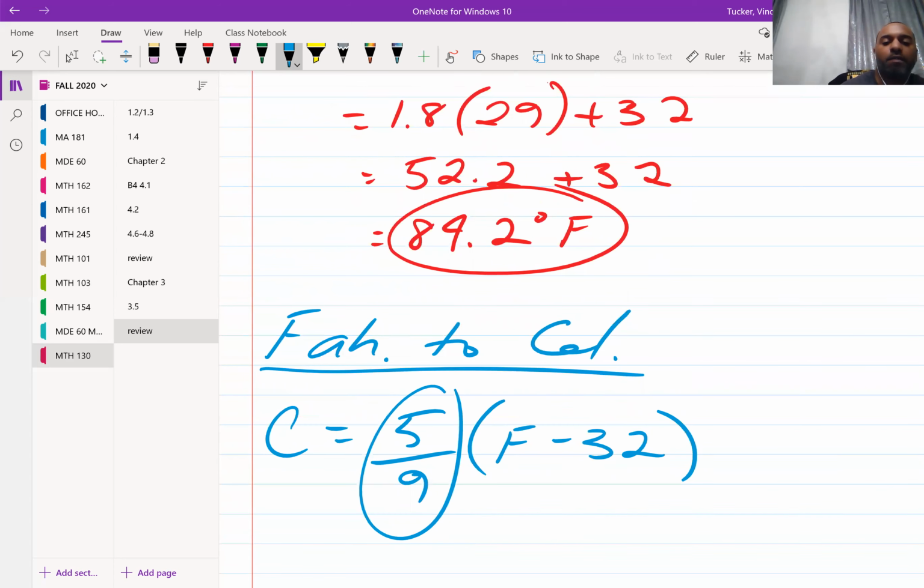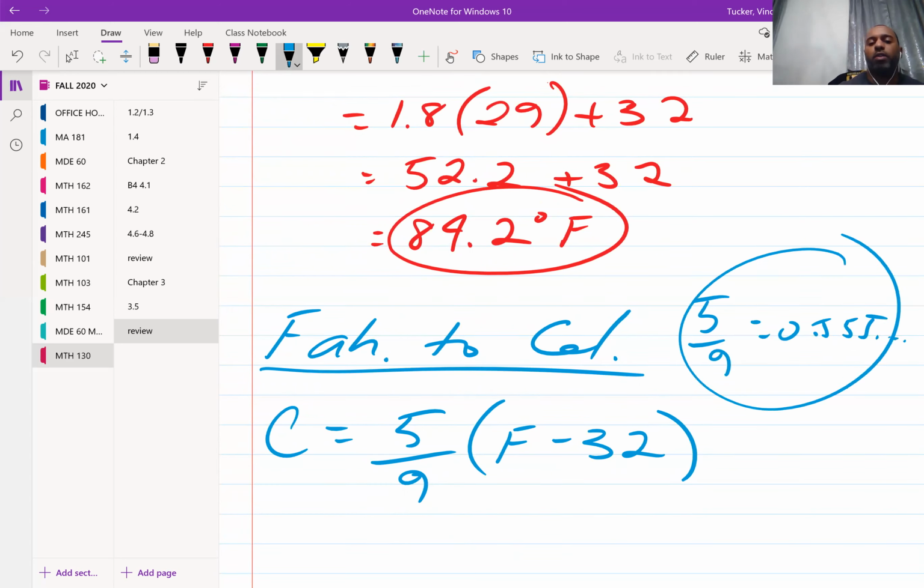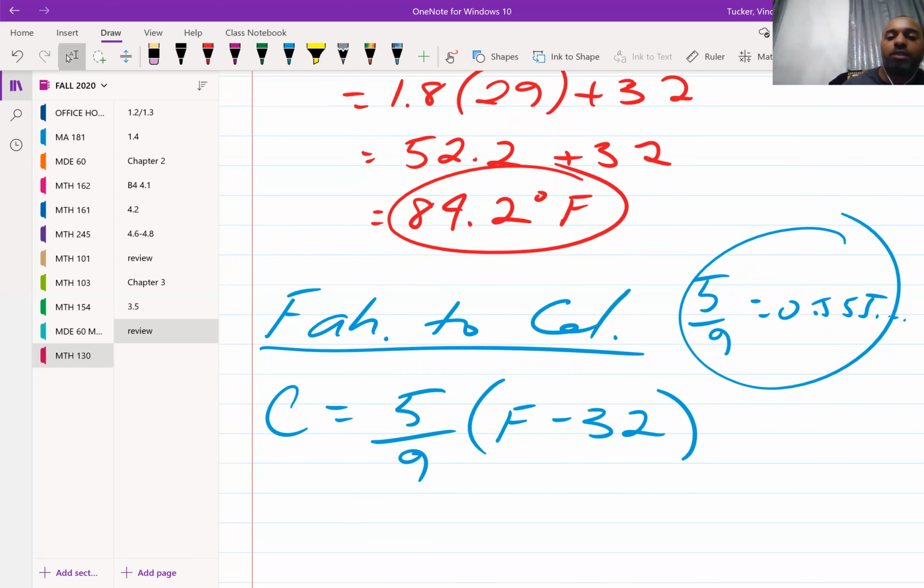You have to leave this as 5/9 because 5/9 is a run-on decimal. That's going to be 0.5 repeated. So they don't do an or in that case. The other one was a terminal decimal. 9 divided by 5 is 1.8. That's why you could use the decimal value. They do not want to use the decimal value in this case because you will have to round it off or truncate it. And then somebody might use 0.56, somebody might use 0.6, somebody might use 0.556. And the more decimals you use, the more accurate you are. So that's why they don't do an or when it comes to the other side of the formula, converting from Fahrenheit to Celsius.